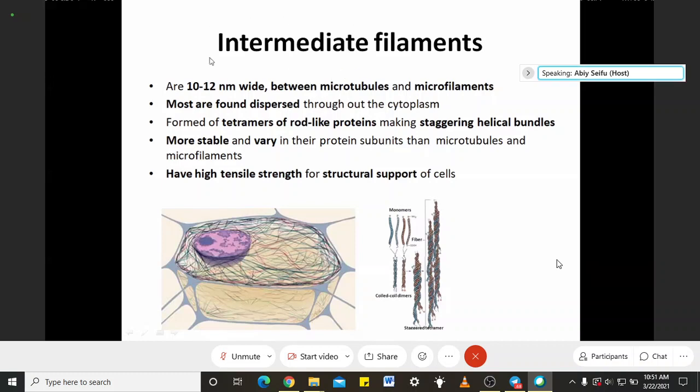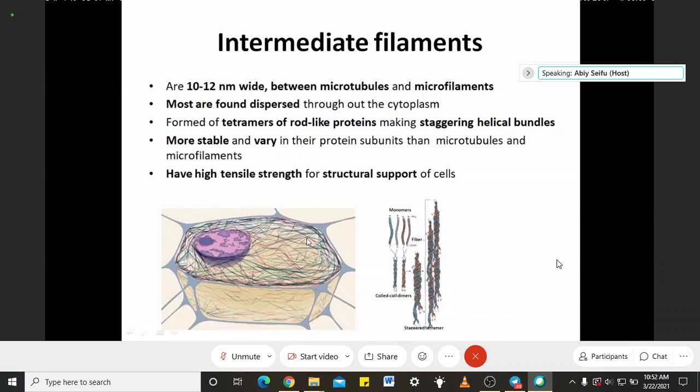As a result, they are named as intermediate filaments. That's the reason for their naming. And they are again found dispersed in the cytoplasm, adding up to the network type of orientation of the cytoskeleton.